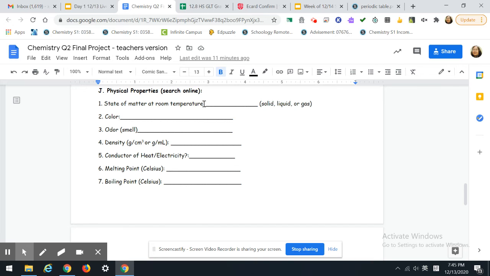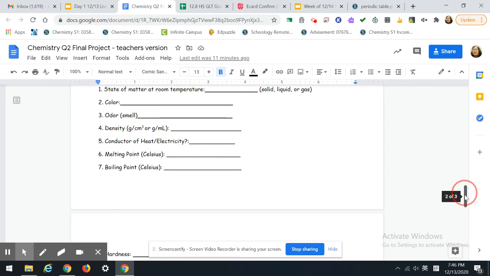Sodium normally is a solid. You can find this information by googling. Type in physical properties of, and put your element name in there. If there's no color, just say no color. If it has no conductivity, just say no conductivity.